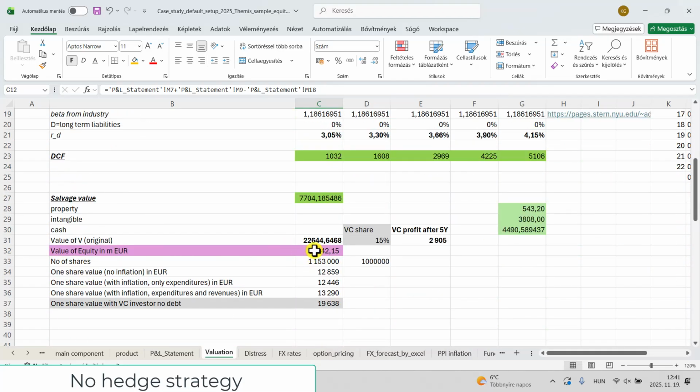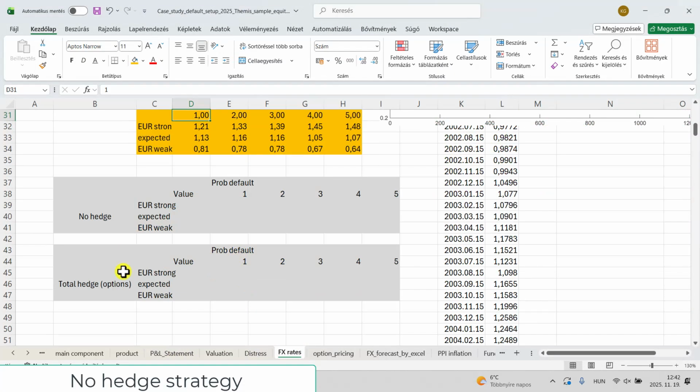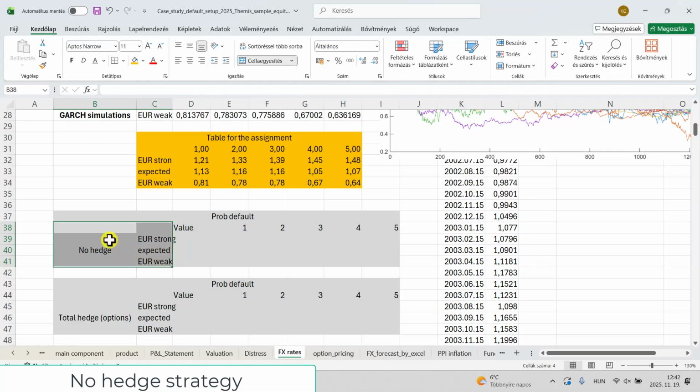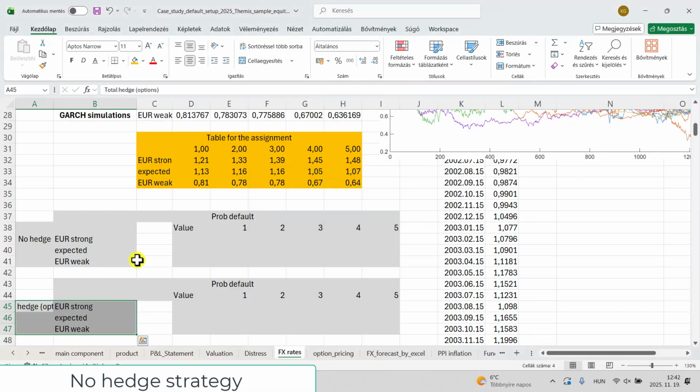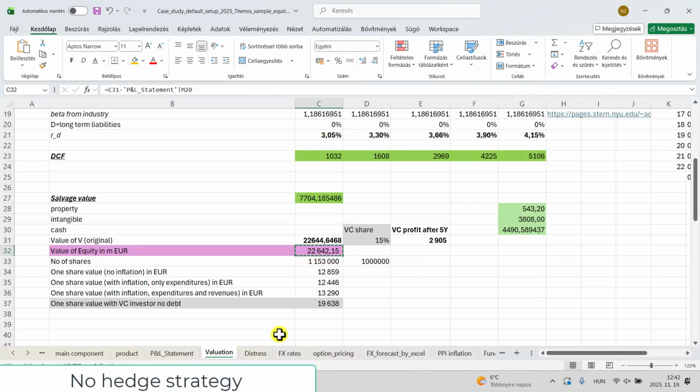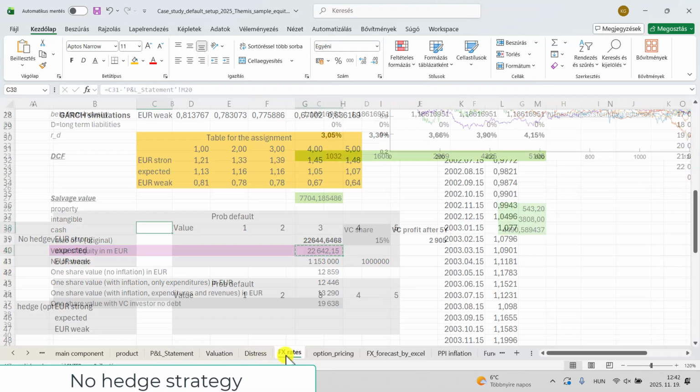Then now we just have to see what was the value of equity in euro, and then what is the share value. Let's go for the value of equity or share price. We are interested in share prices at the end of the day. Or we can collect both, because value is quite a broad phenomenon. Value of equity.